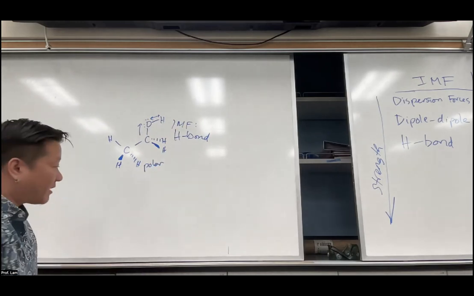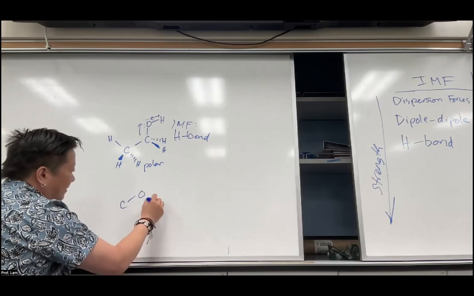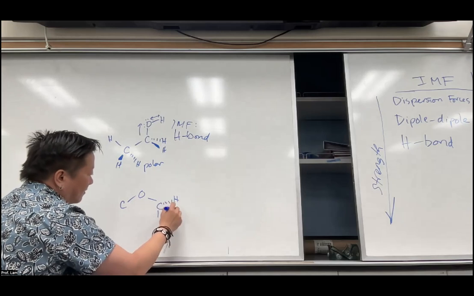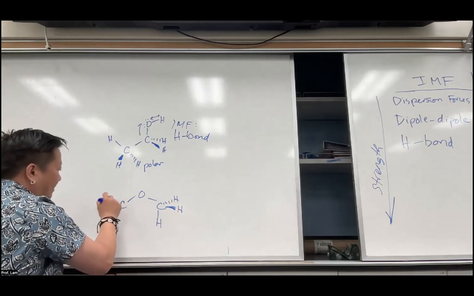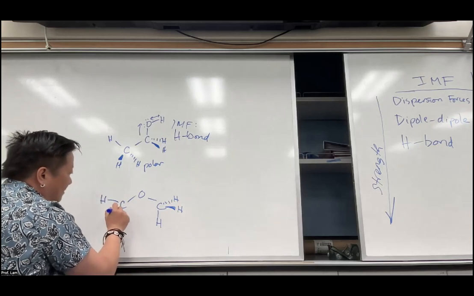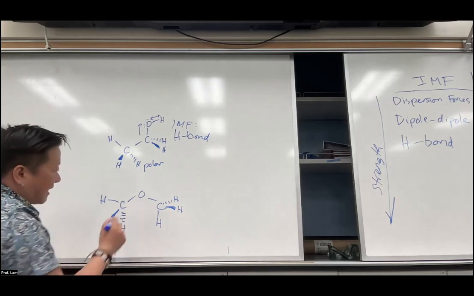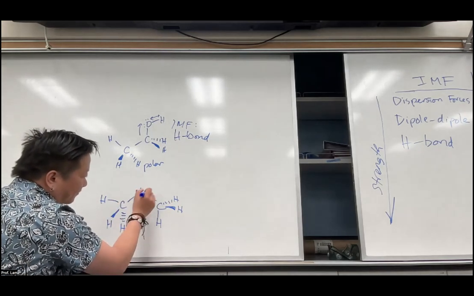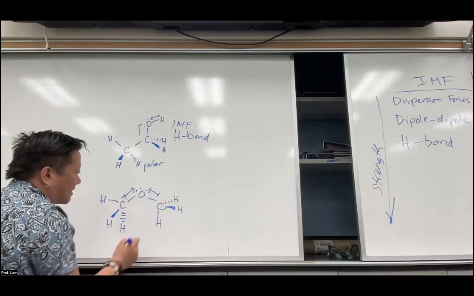Then when we look at dimethyl ether, it's just CH3OCH3. Again, I can draw it in 3D. Right here it is bent, so I can draw my dipole arrows like that.